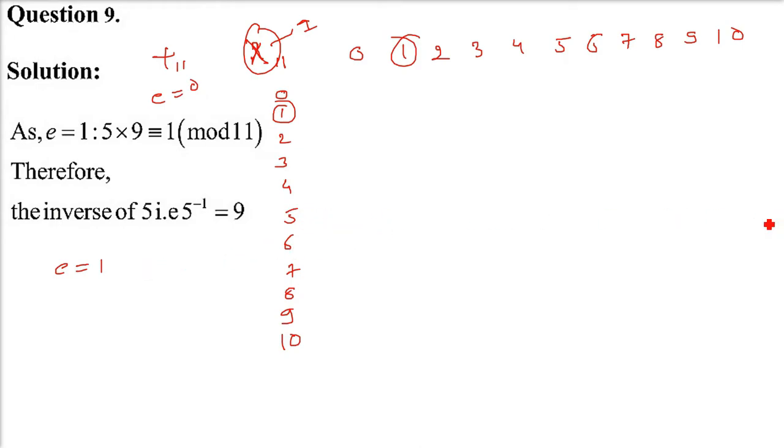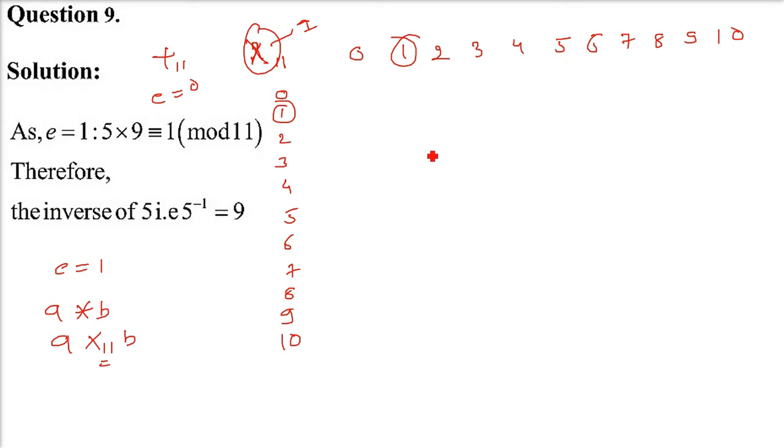So which row and column intersect at 1 for 5? That is A star B. It should equal E, which is 1 here. So when we multiply A and B, then we divide by 11 and take the remainder, and that remainder has to be 1, right? So how do we find this?